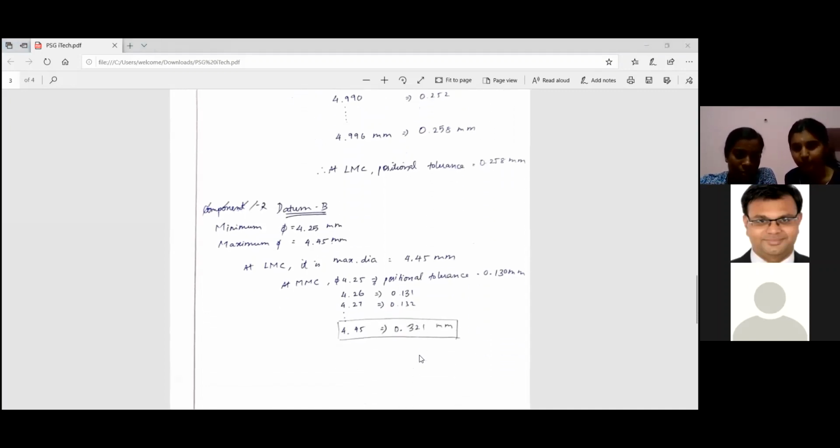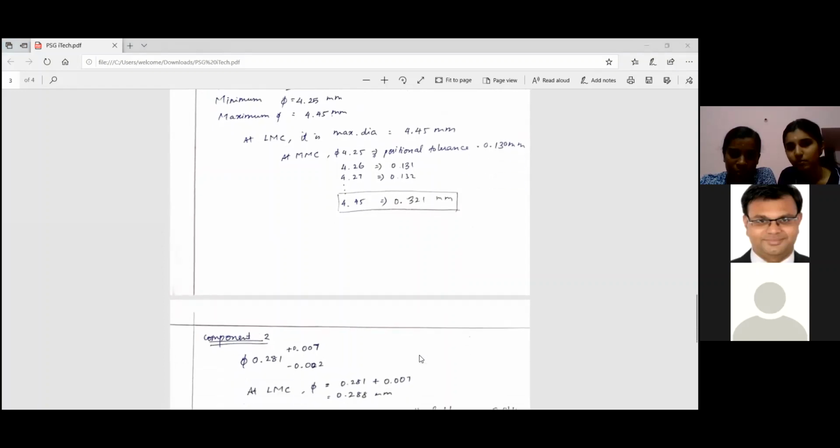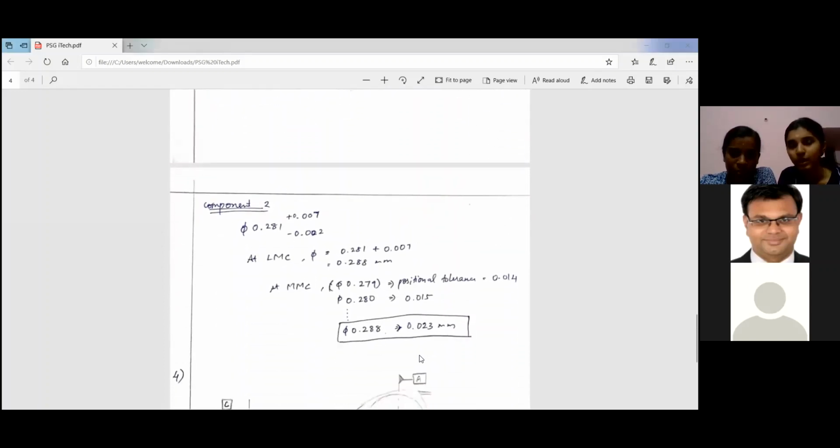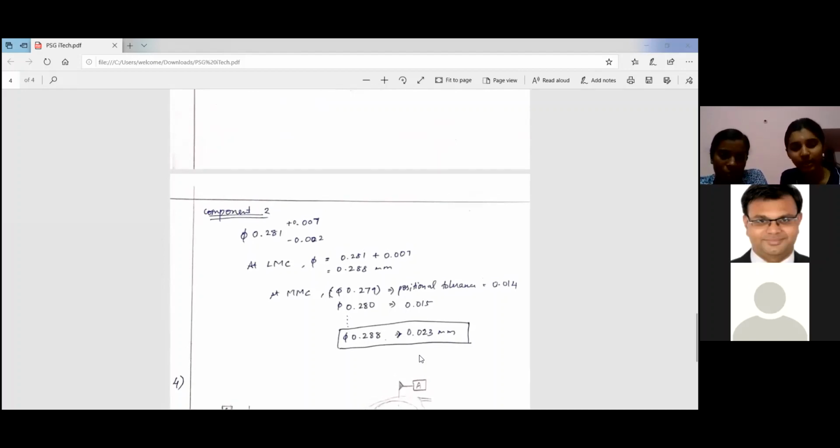See, basically you need to apply the 3-2-1 principle also here. So can you explain about the 3-2-1 principle? So choosing the datums only, no, sir? Yes, sir. So first, apart from flatness, we'll see like controlling the movement, degrees of freedom.